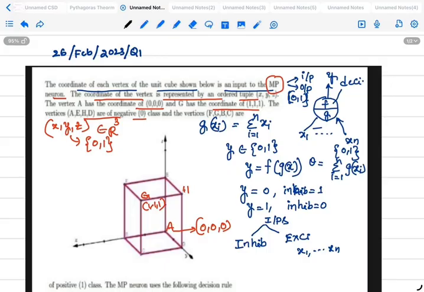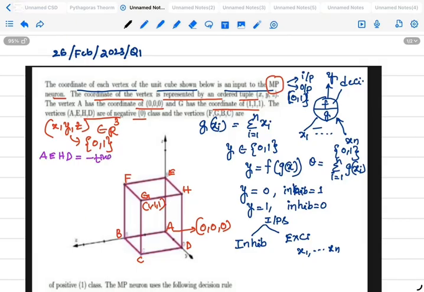This one is H, E, F, B, C and D. These are the vertices. So A, E, H, D are the negative class.